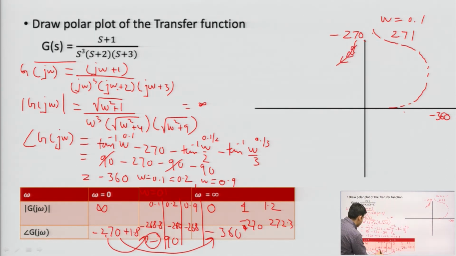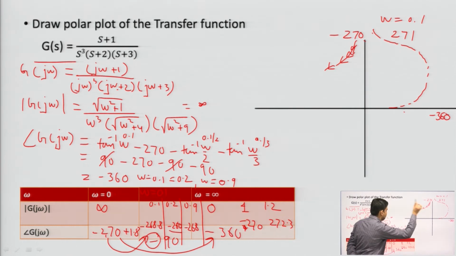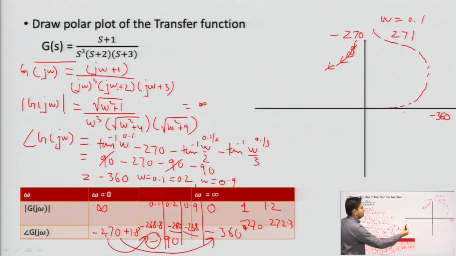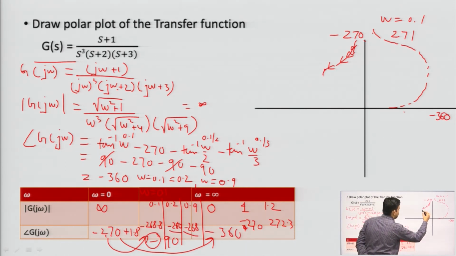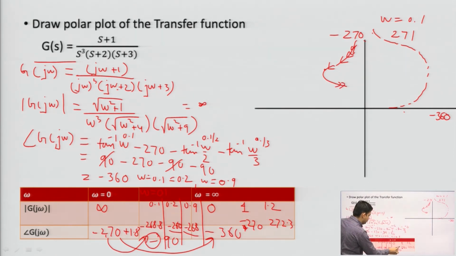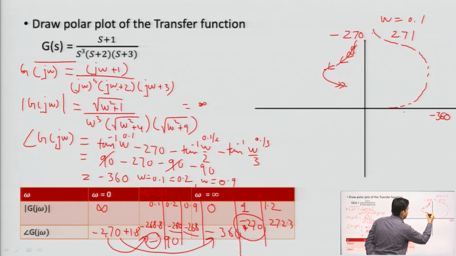Further, for omega equal to 0.2, minus 280, I have to move further in anti-clockwise direction. Whenever omega is 0.9, minus 268, it means my phase is reducing, so I need to return back. Again at 1, my phase is minus 270, right.